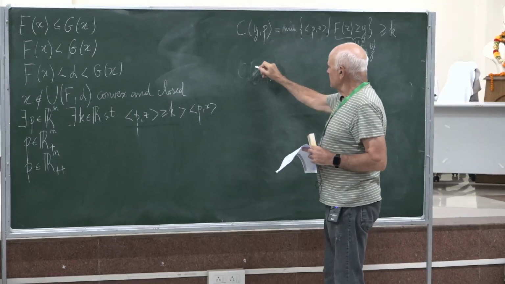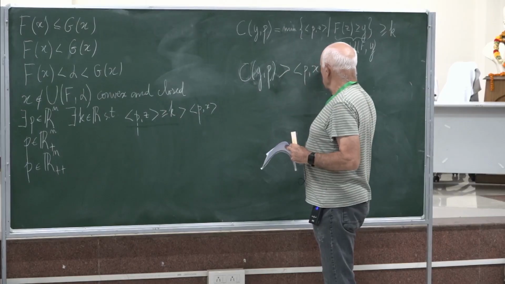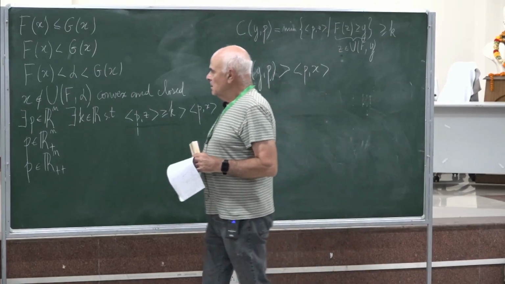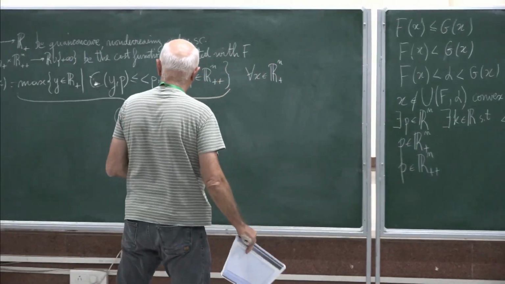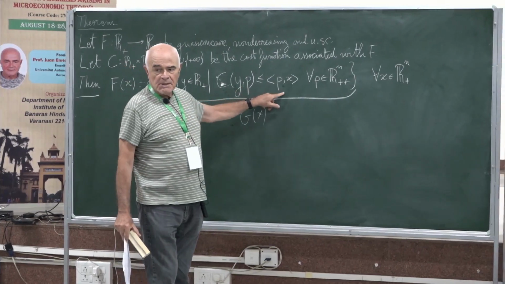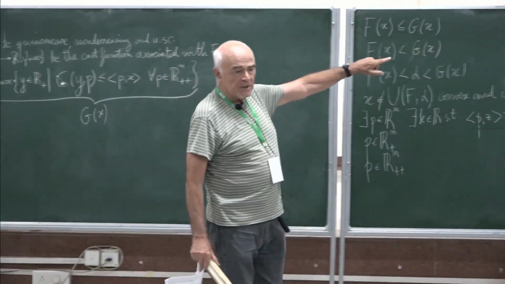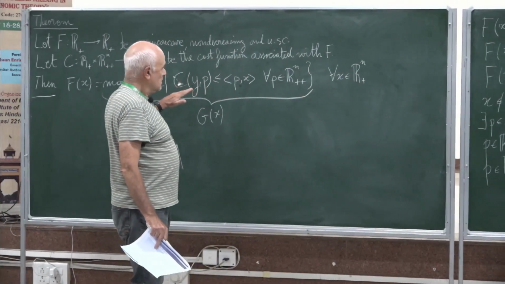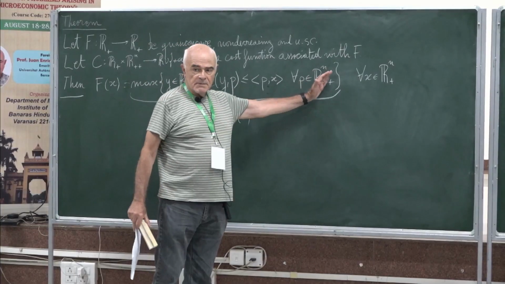This is the conclusion. And then this means that for this x, not all these conditions are satisfied. It is not satisfied by that particular P. Okay, so this y is not in this set.